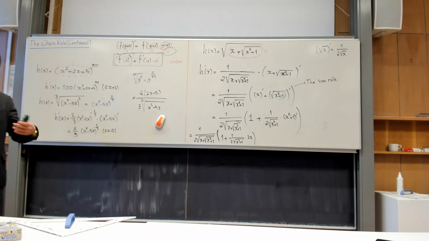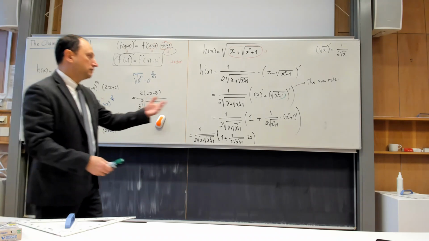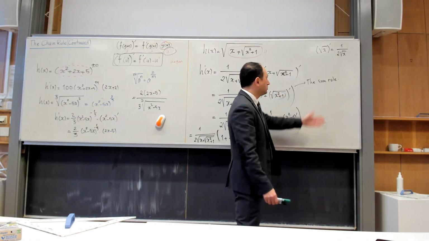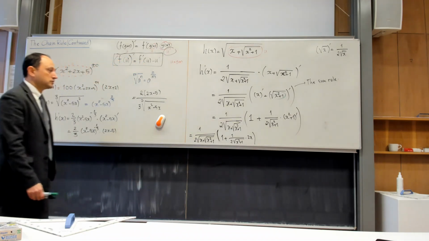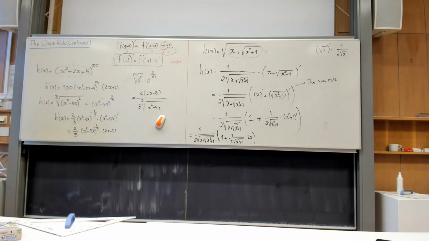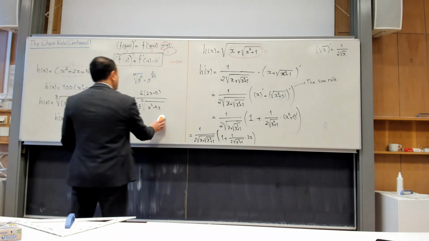So sometimes you have a mixture of rules: the previous rules, for example the sum rule, and sometimes we have to apply one or more chain rules. Okay, so let me give you another example.